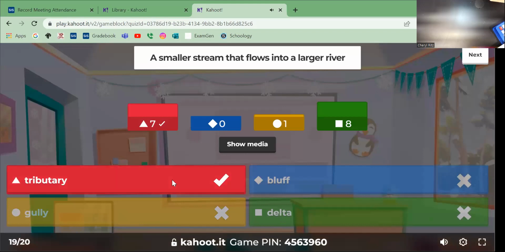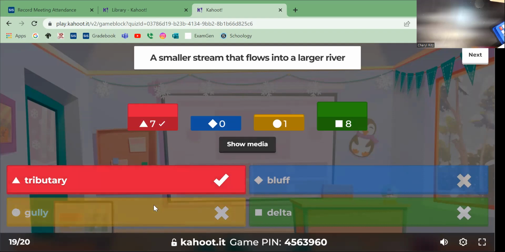Well, it's a triangle, so I thought it was a delta. That's exactly what I wanted to tell you. If you guessed a delta, you may not know what a tributary is. That's a small stream that flows into a larger stream. It's like any little stream that flows into the Cattaraugus Creek, which then empties into Lake Erie.